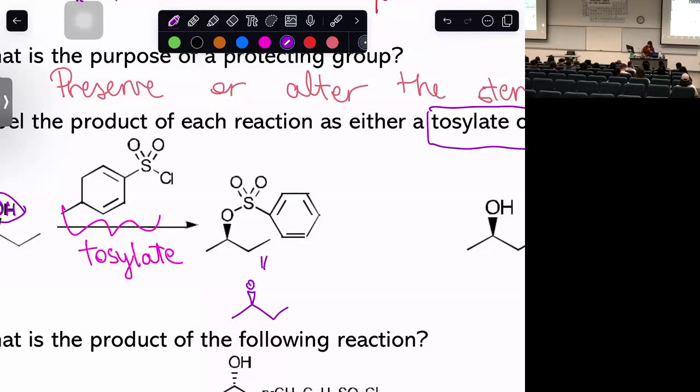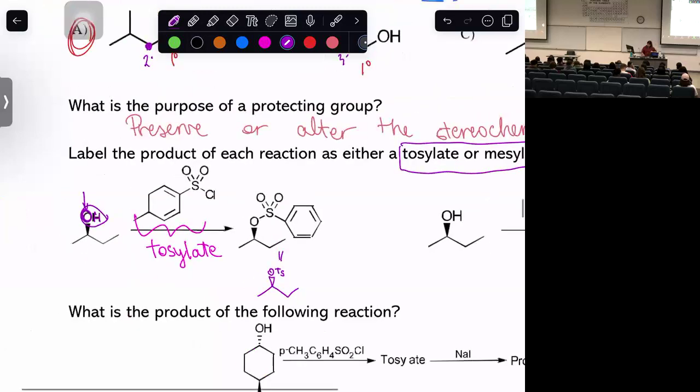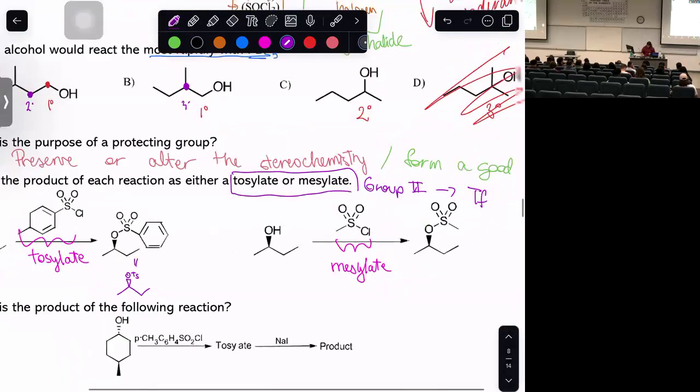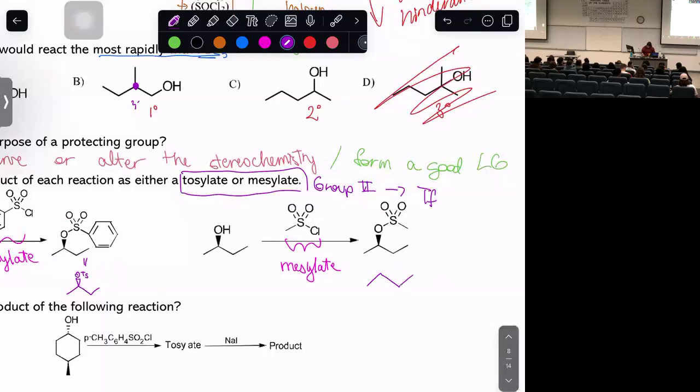I can just write OTS, okay? They both represent the same exact thing. And then same process for mesylate. I just take away my hydrogen and put whatever I was given on the arrow as my reagent. So this case is going to be OMS.